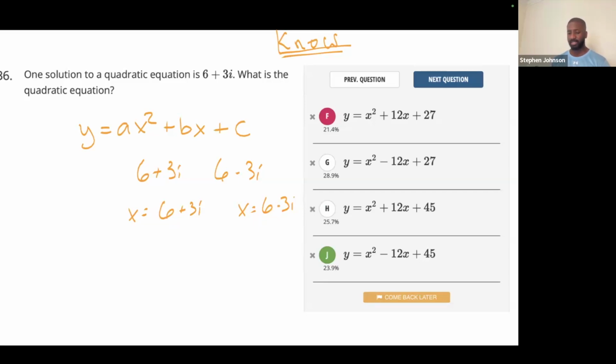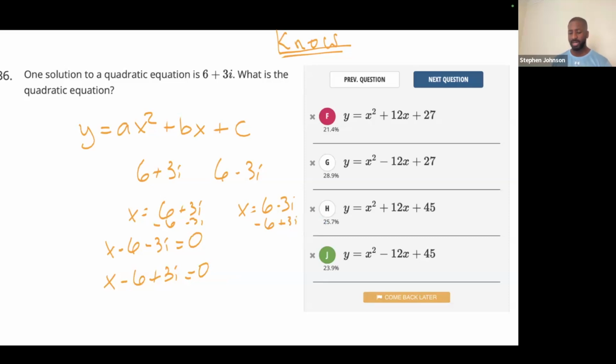So that means that x minus 6 minus 3i equals 0, right? If I'm subtracting 6 and subtracting 3i to set that equal to 0. And x minus 6 plus 3i also equals 0, right? Again, subtracting 6 and adding 3i to make that equal 0. Okay.